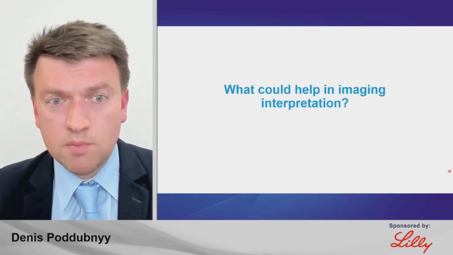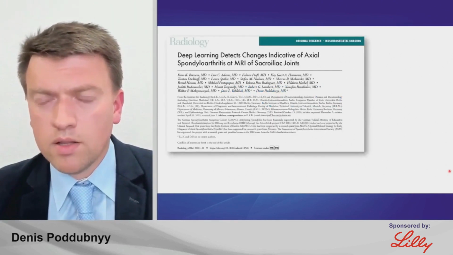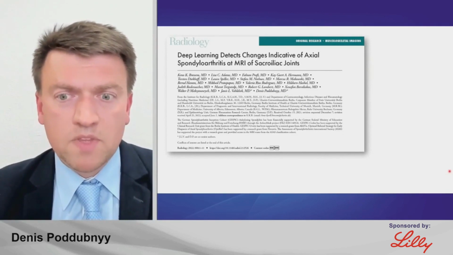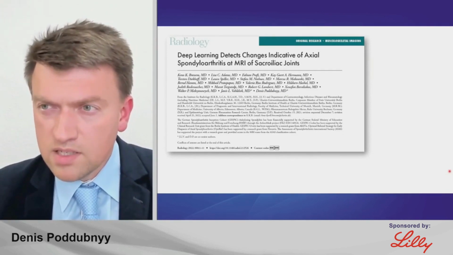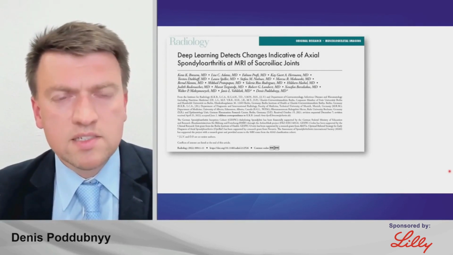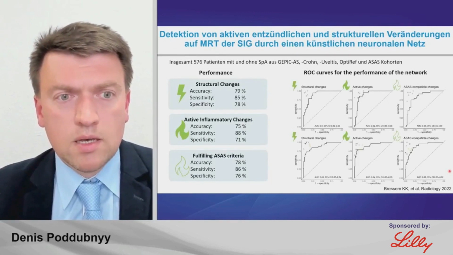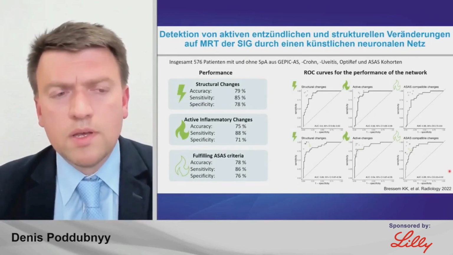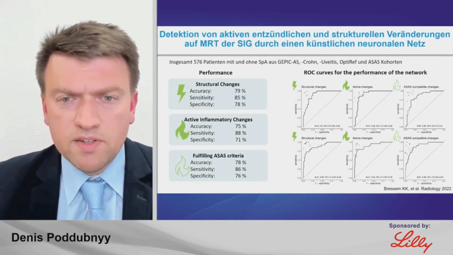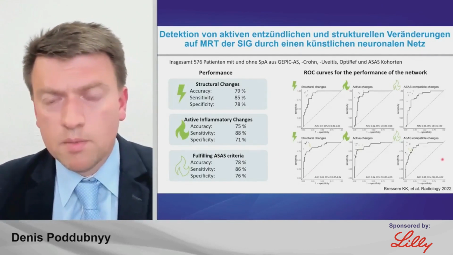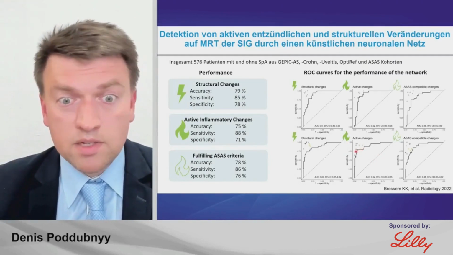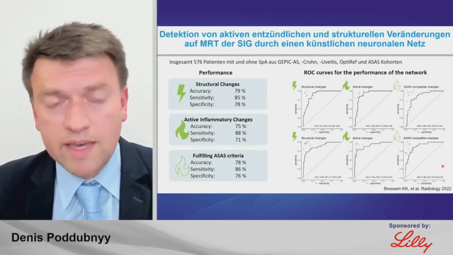What could help us in imaging interpretation? We are working on implementation of artificial intelligence methods like deep learning to detect active inflammatory and structural changes associated with spondyloarthritis. The first study was quite successful. It showed that the machine, the computer, is able to detect active inflammatory and structural changes compatible with spondyloarthritis very close to the level of the judgments done by the experts.